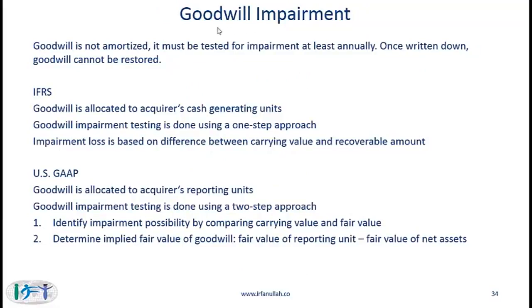Goodwill impairment. Goodwill is not amortized, but it must be tested for impairment at least annually. I'm sure you've heard this several times. Once goodwill is written down, it cannot be restored. There is a difference in the way IFRS and US GAAP treat goodwill.